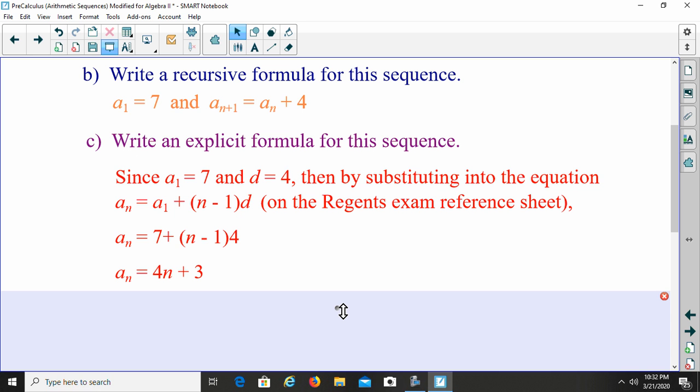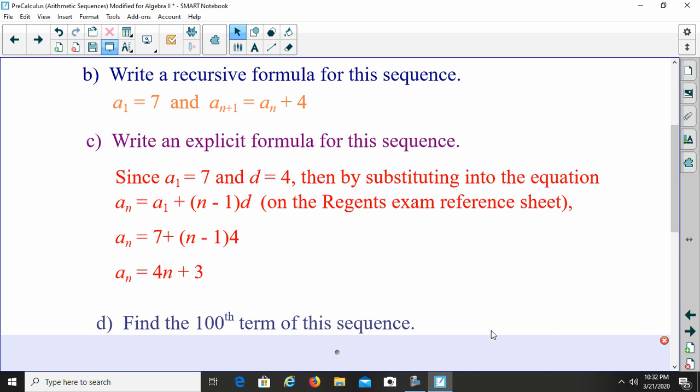A sub n equals a sub 1 plus quantity n minus 1 times d. If we substitute in the 7 for a sub 1 and the 4 for d, and distribute our 4 and combine like terms, a sub n would equal 4n plus 3. And this formula is an explicit formula, and it allows us to jump to any term we want.